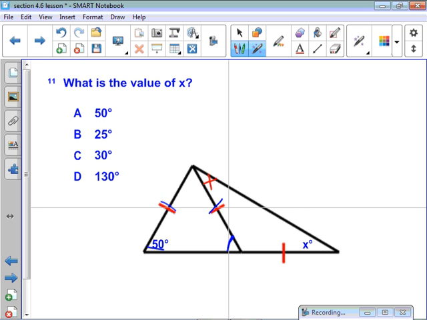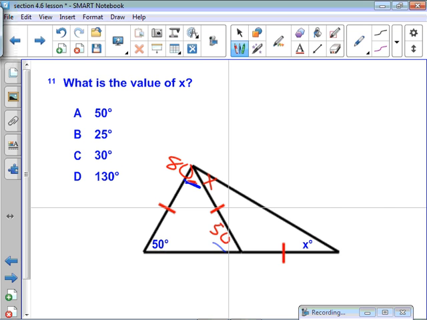Okay, so I can immediately label that one 50. That allows me to know what this one is here. That's 180 minus 50 minus 50. So we know that if these two add up to 100 here, this one has to be 80, because that's all that's left. I know that that one is 80 degrees.